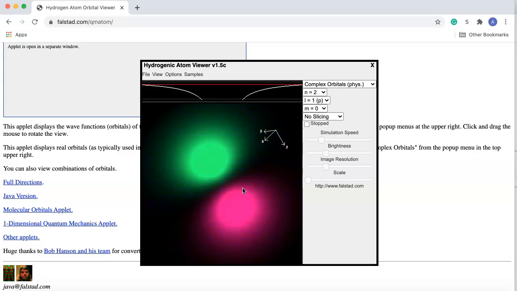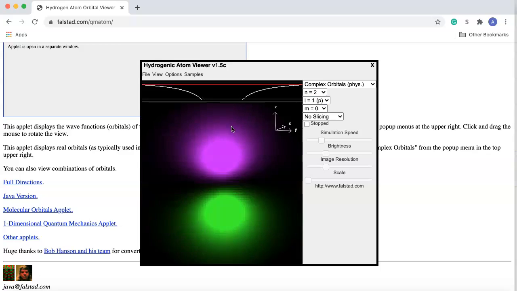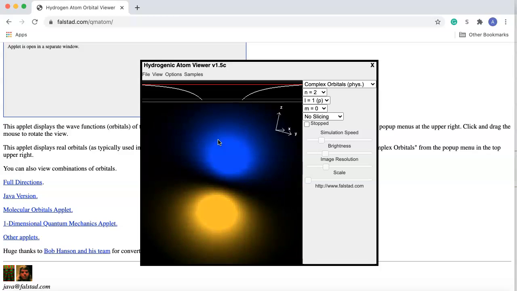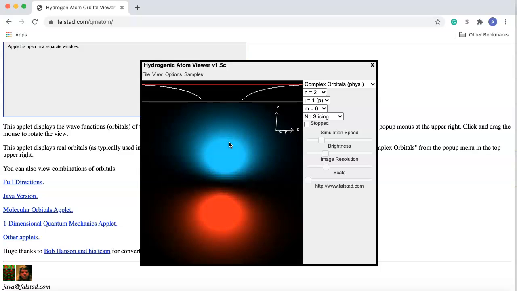So we see this. Now let's go to L equal 1. And now we see different states. So now your weight is distributed, you have two centers of high density around the origin. This is m equals 0, so no net angular momentum in the z direction.